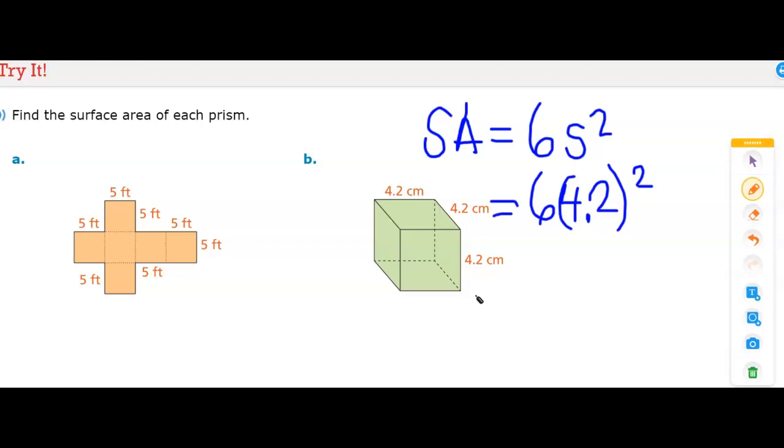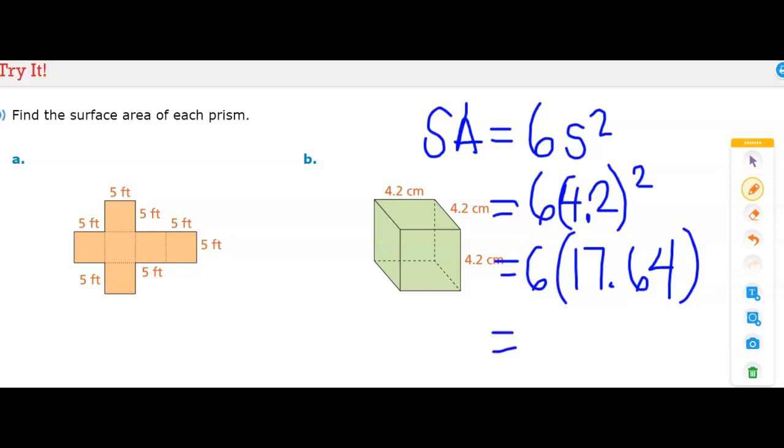That is equal to 17 and 64 hundredths. Then we do 6 times that number, 17 and 64 hundredths, and that is equal to 105 and 84 hundredths. So the surface area of this cube is 105 and 84 hundredths. Now let's take a look at A.